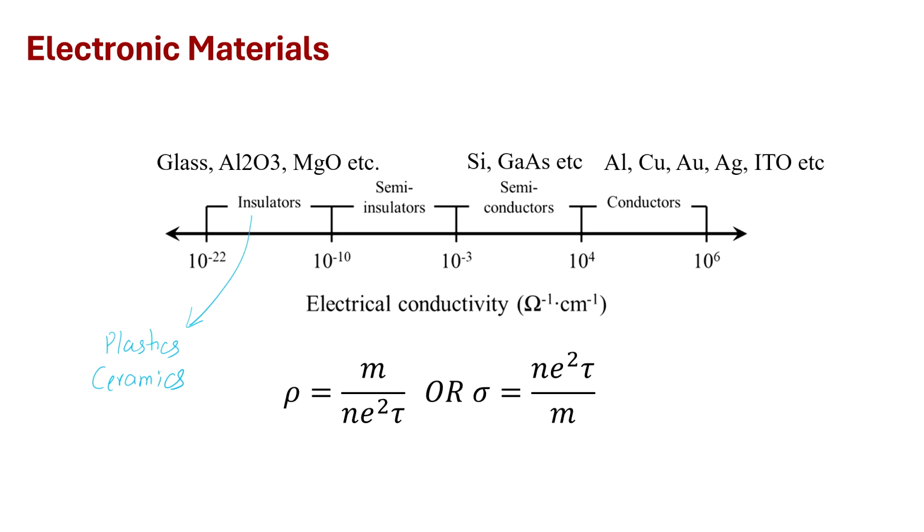Then we have a range from 10 to the minus 10 to 10 to the minus 3 ohm centimeter inverse. This is where semi-insulators form. These are not exactly heavily insulating, but they are quite insulating. And somewhere between 10 to the power minus 3 to 10 to the power 4 ohm centimeter inverse, we have what we call semiconductors. These are the materials which are semiconducting. They are not highly insulating.